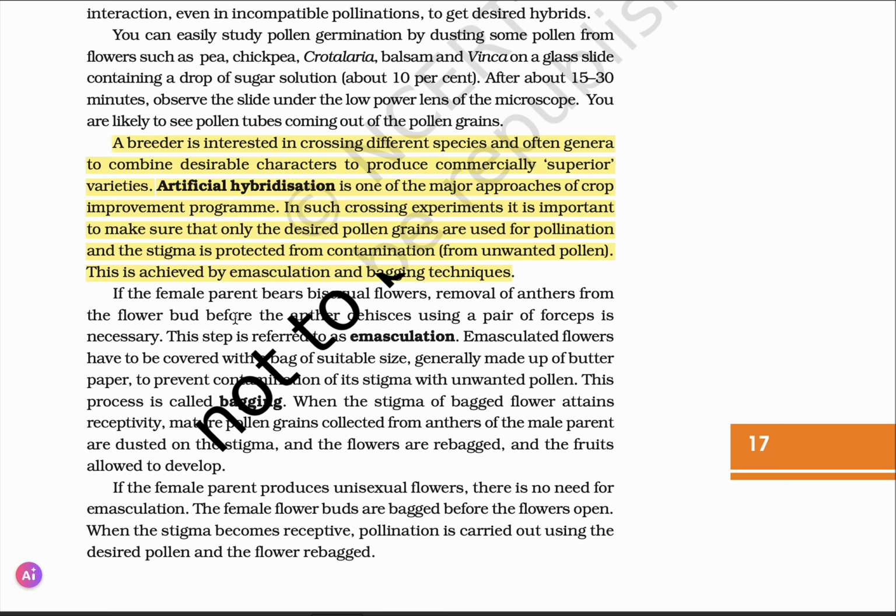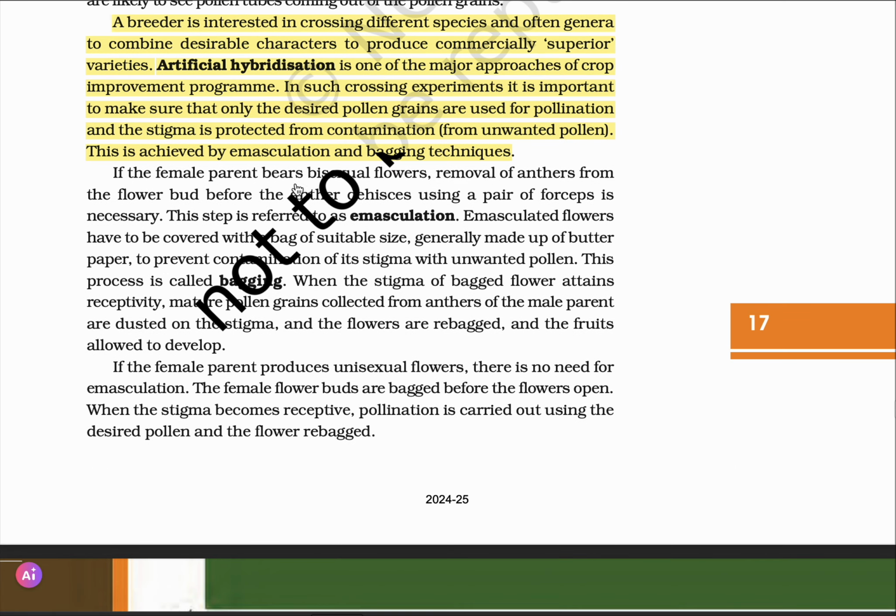What is bagging and what is emasculation? If the female parent bears bisexual flowers, the removal of anthers from the flower bud before anther dehiscence, using a pair of forceps, is necessary. This is called emasculation. The emasculated flower has to be covered using a bag, which is called bagging.